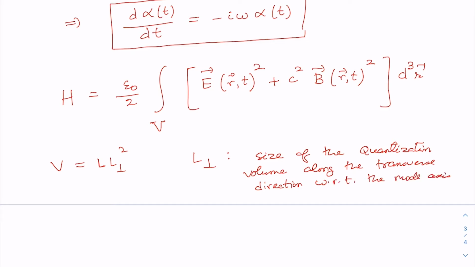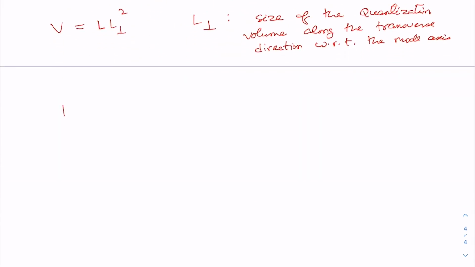Now if we put down the expression for the electric field and the magnetic field in the expression, then we can write H is equal to epsilon 0 by 2.